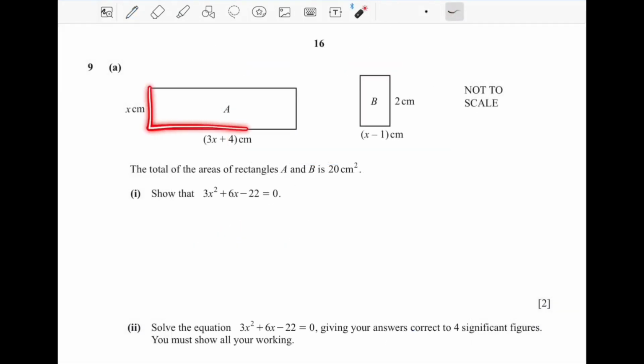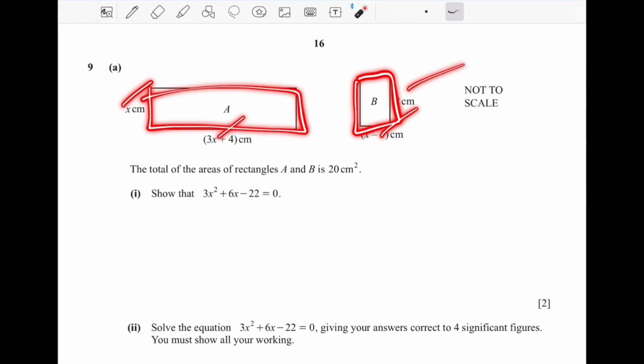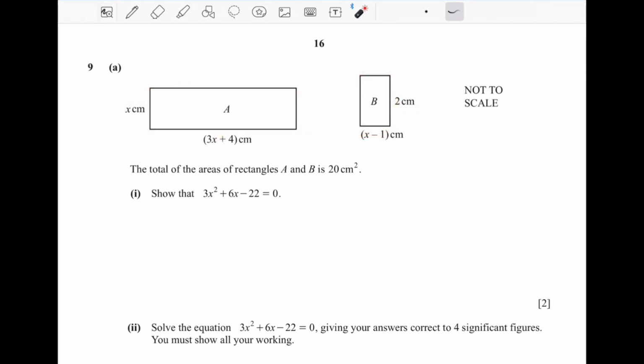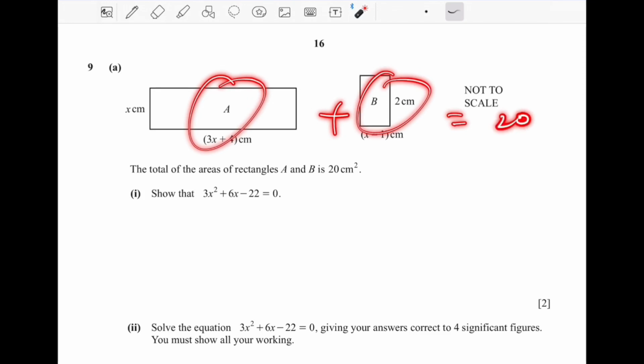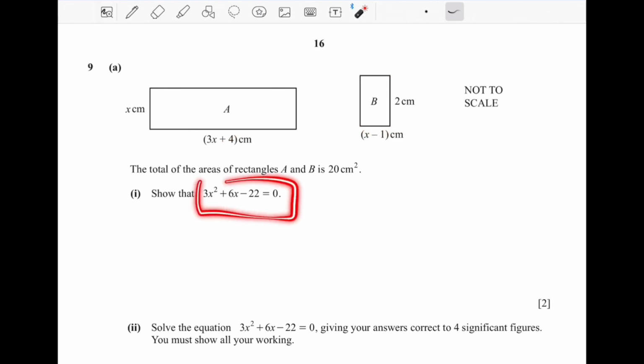Alright, we have rectangle A and also rectangle B with unknown X. The first statement: the total area is 20. So this one plus this one equals 20. That's the equation that you can form. By forming these equations, you arrive at this.